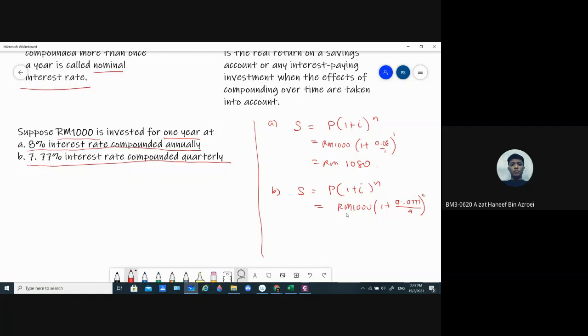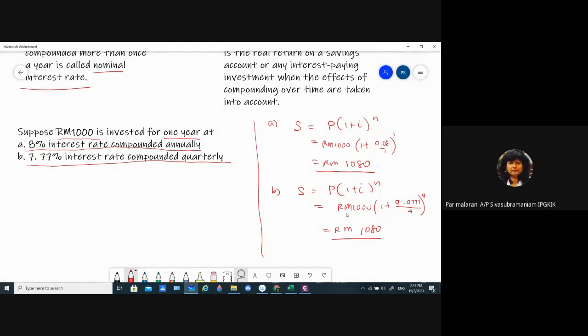Yes, 4. So what do we get here? We get 1080 also. So we can see here that both of the interest rates yield the same accumulated value.